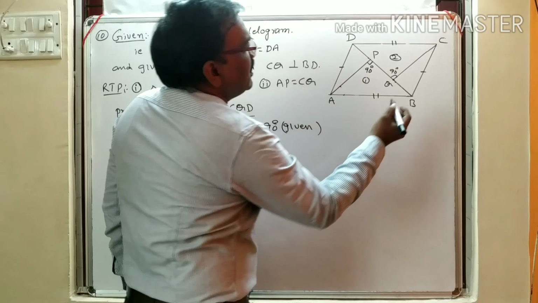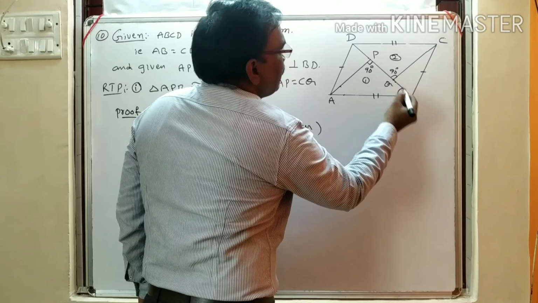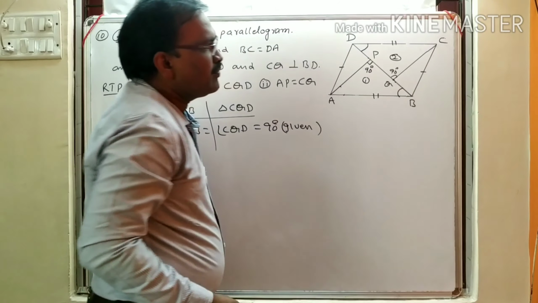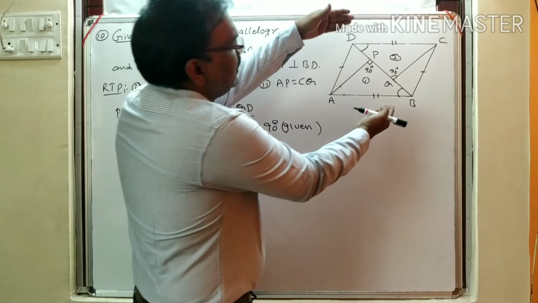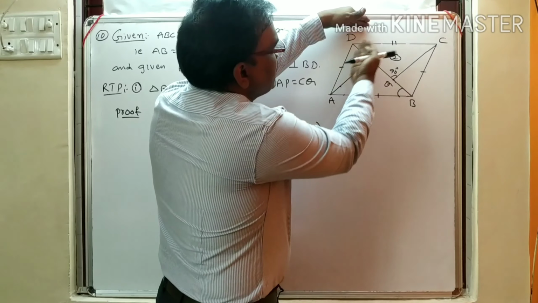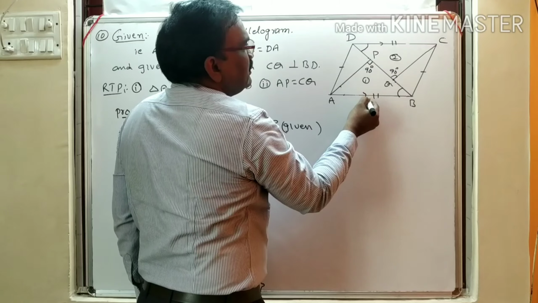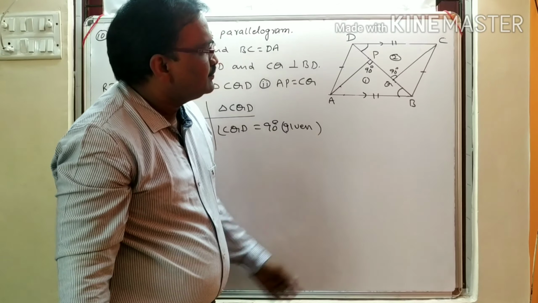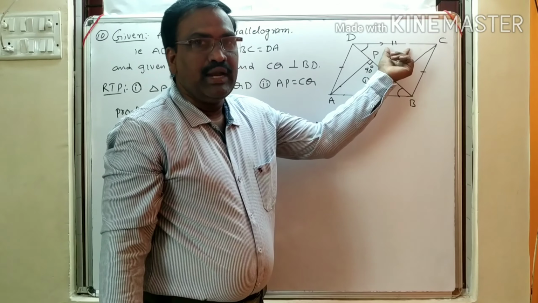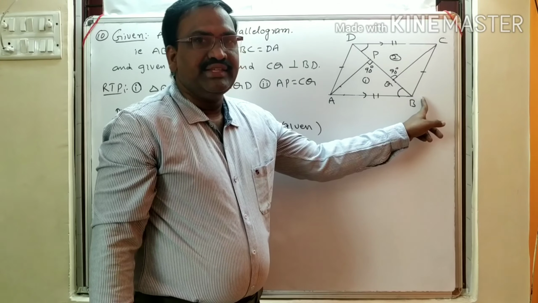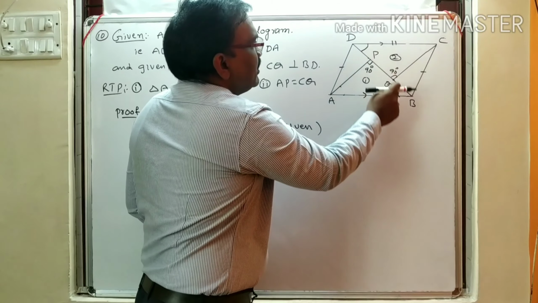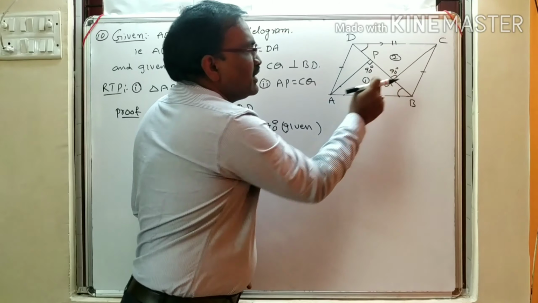Next, observe these two angles. These two are parallel lines. AB is parallel to DC, and BD is a transversal. What are these two angles? Alternate interior angles.